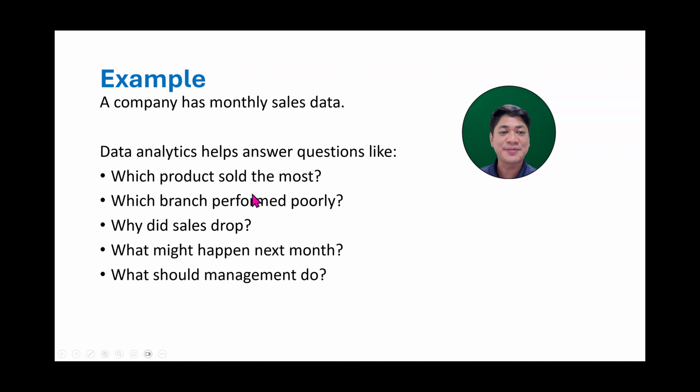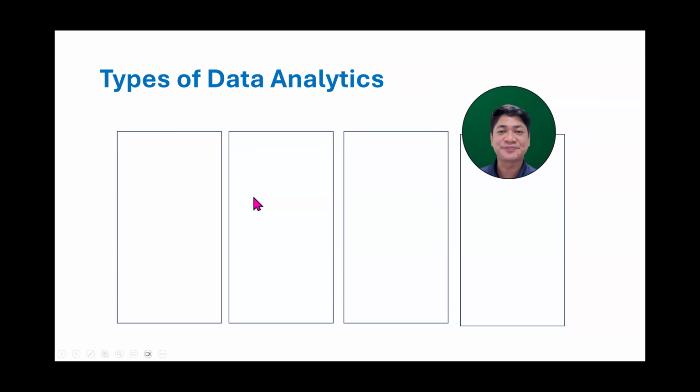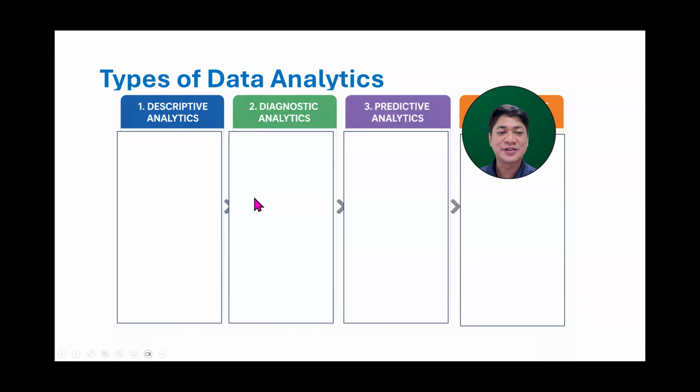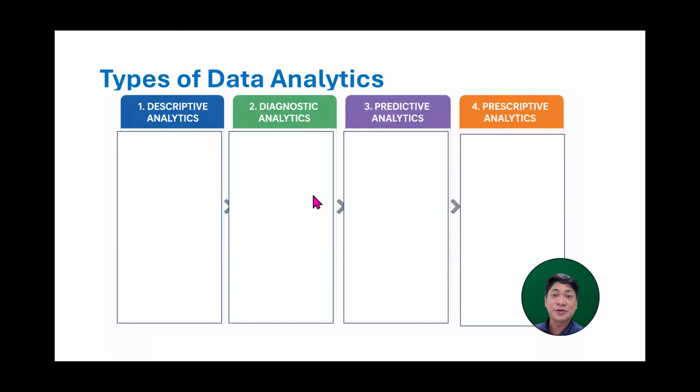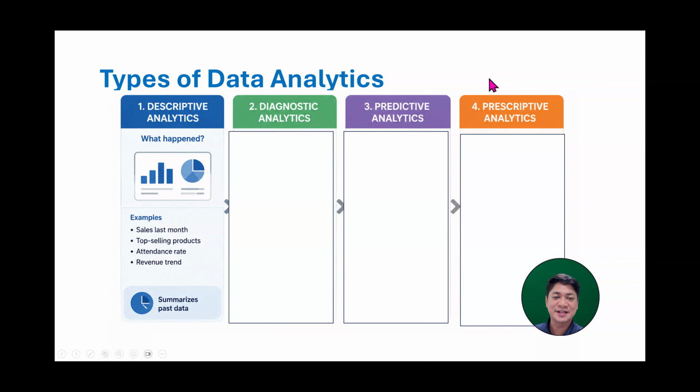Now, there are different types of data analytics. There are four. Some may give only three, some may have more than this, but these are the primary types of data analytics. To start, first is descriptive analytics. In descriptive analytics, the goal is to summarize past data.